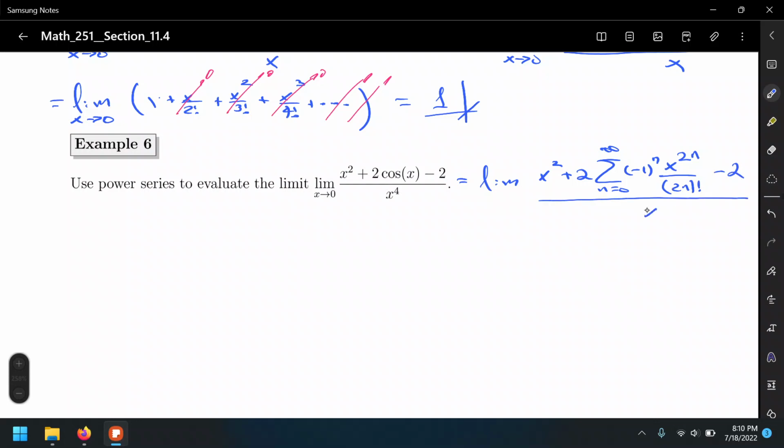The whole thing divided by x to the 4th power, as x approaches 0. So let's go ahead and do this one.